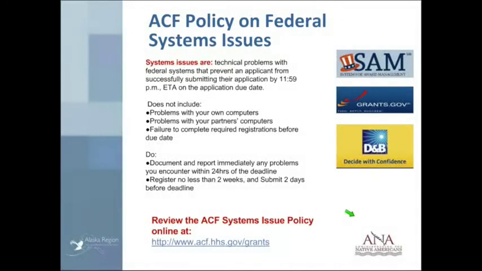It does not include if your server crashes or the power goes out. Basically, if there's problems with your own computers, that's not considered a system issue. It has to be something intrinsic to SAM or Grants.gov. You need to document and report immediately any problems that you encounter within 24 hours of the deadline.